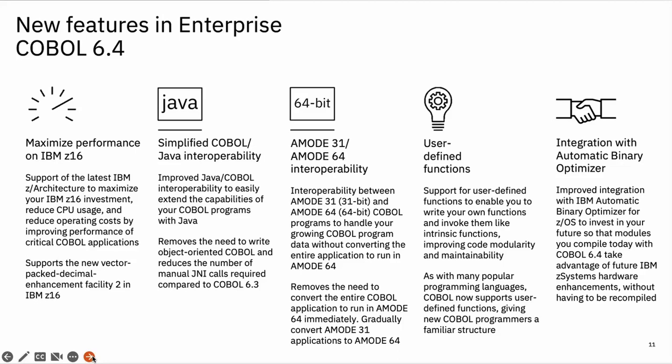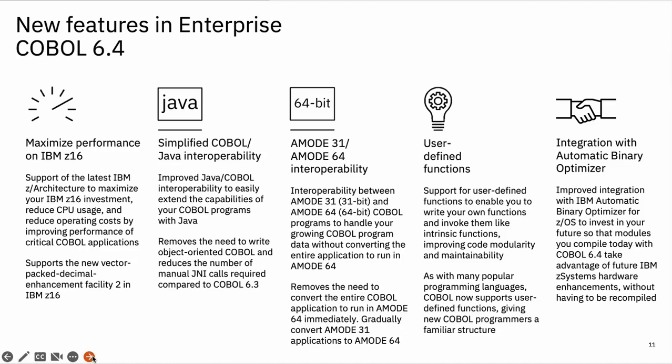So we make it easier for you to extend your COBOL applications using Java. Now, 31-bit and 64-bit interoperability: we know that maybe 90%, 95% of COBOL programs today are AMODE 31 programs. But with data growing so rapidly, you're going to run out of the 2 gigabyte addressing space very quickly.